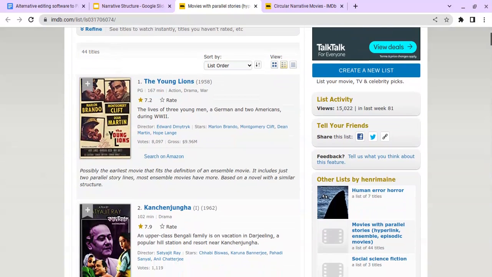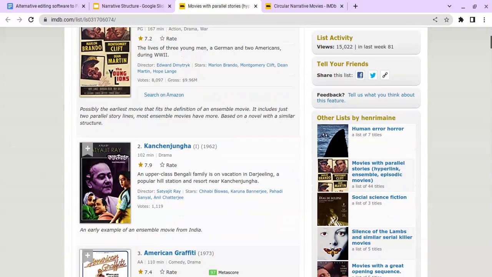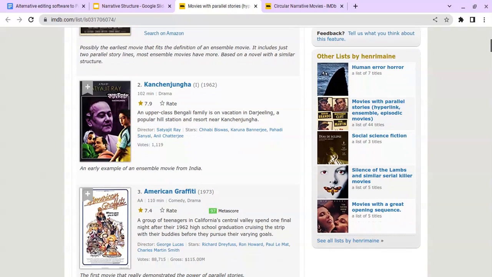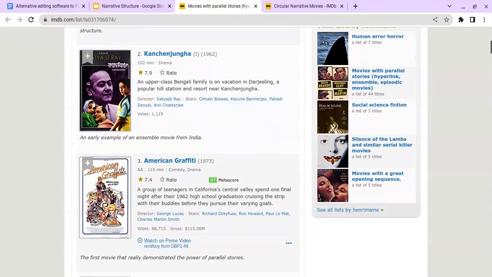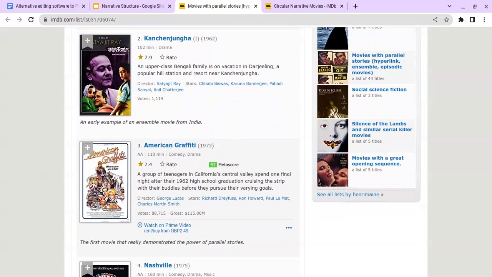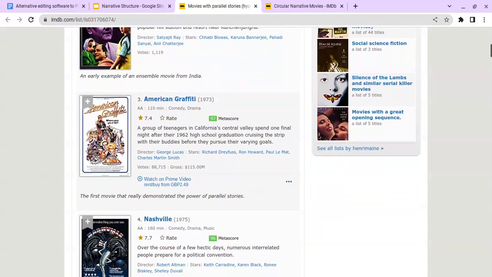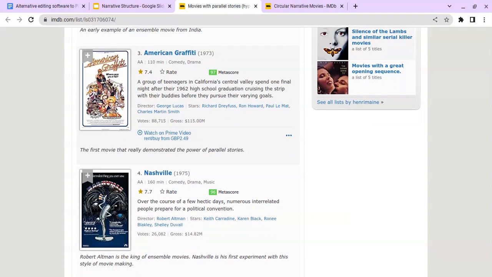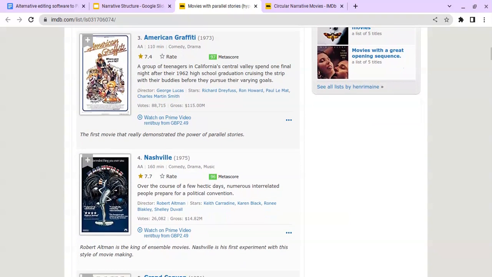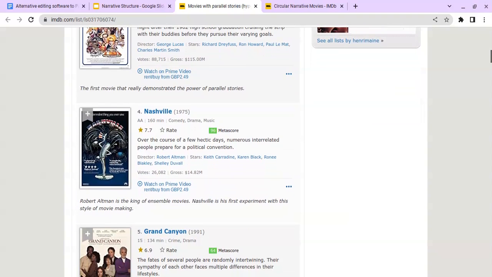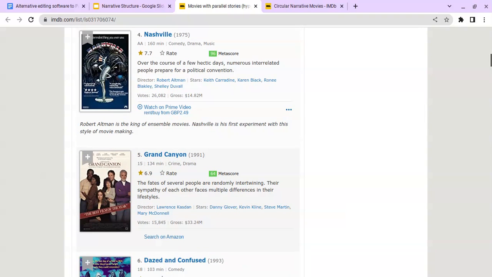So here are some other examples, like Young Lions, American Graffiti, which is a famous film by George Lucas before he directed Star Wars. I know a few of my friends are huge fans of Star Wars, which is quite a complicated narrative in itself, but it's very interesting. So now I'm engaged quite easily with it. There's Nashville, Grand Canyon.